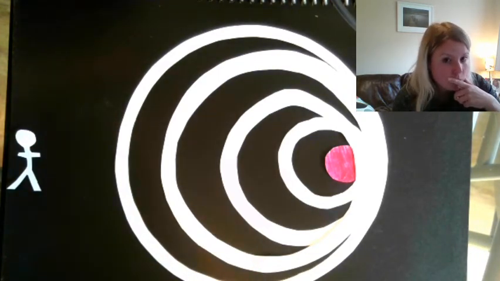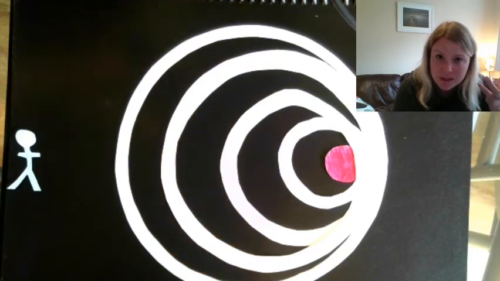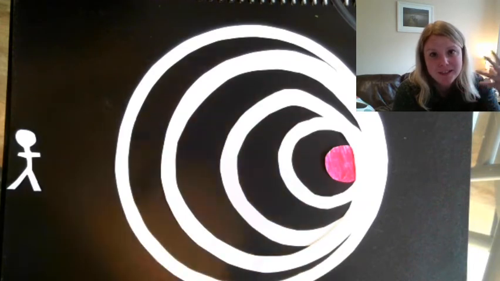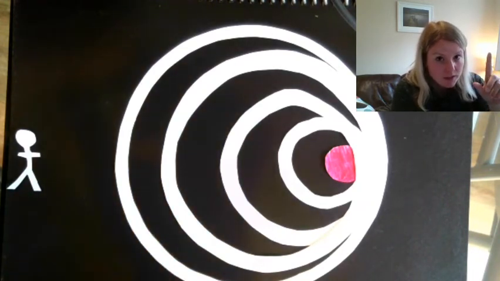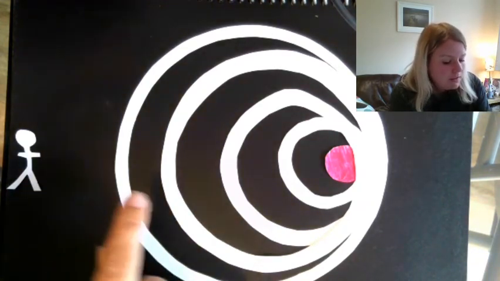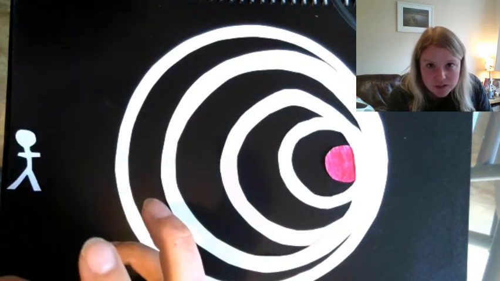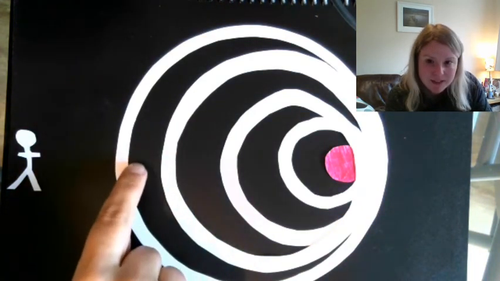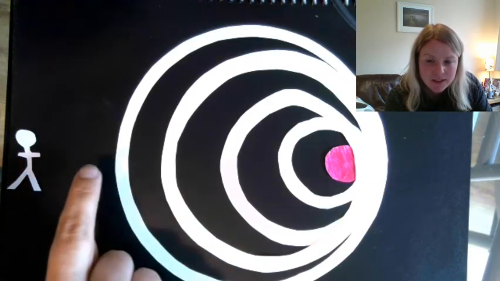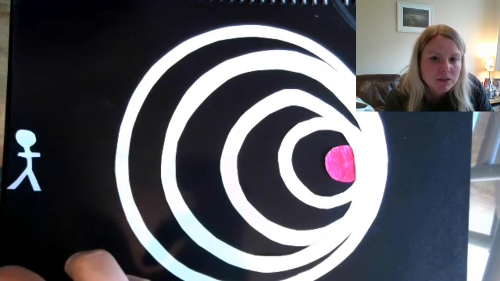But whenever scientists observe light coming from distant galaxies, what they have noticed is that the light that they see has all been red shifted.